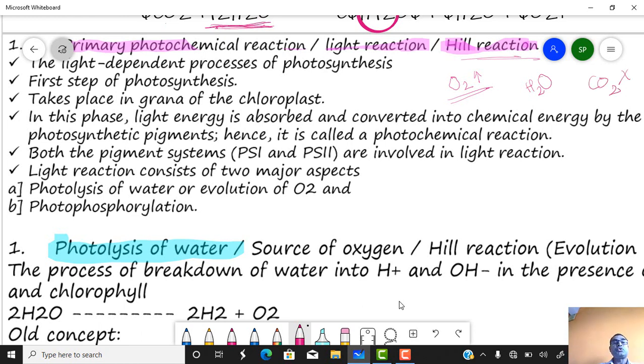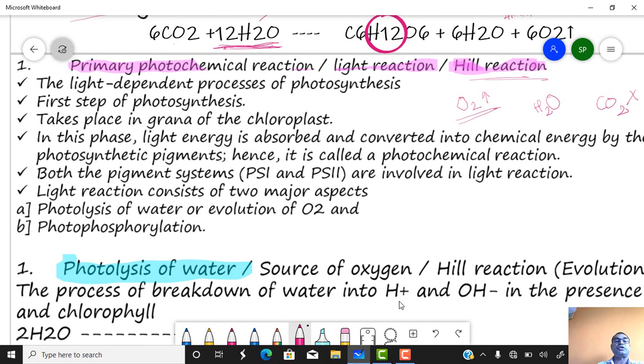The primary photochemical reaction is a light dependent process of photosynthesis. It's totally dependent on light, while the dark reaction is independent of light.